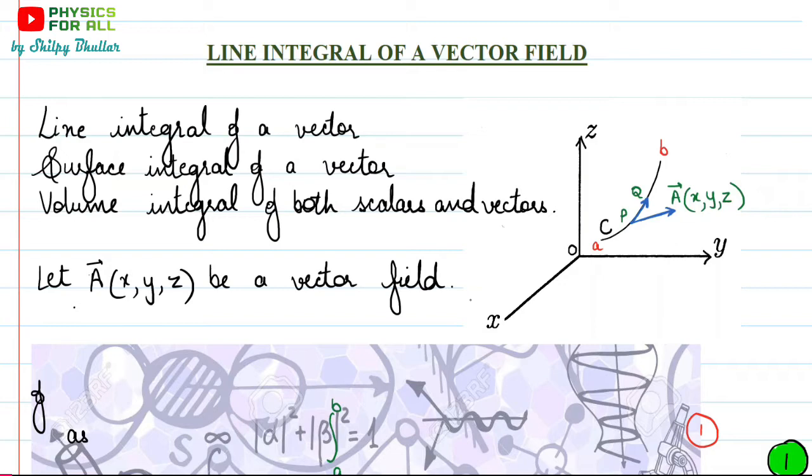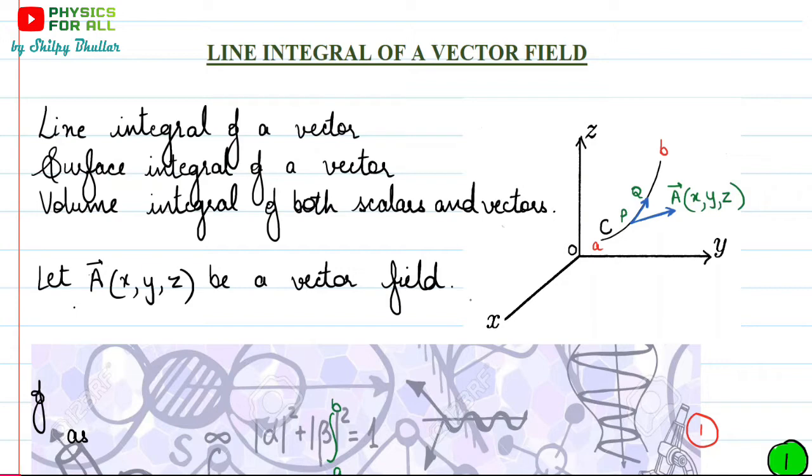Then we can find surfaces also. As we deal with 2D objects, we have screens, we have blackboards, we have tables, desks. We deal with surfaces a lot. So if a vector field is there and we can assume any surface over there, if it encloses some surface, then we can find surface integral. But again, it has to be of a vector.